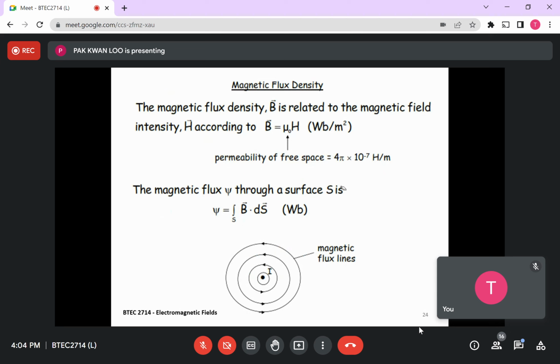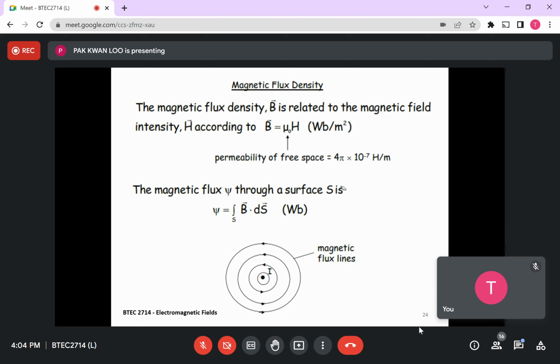Okay. So magnetic flux density. It's the same as what we discussed for electric flux, but how the magnetic field behaves and what the characteristics of the magnetic field are is not the same as the electric field.